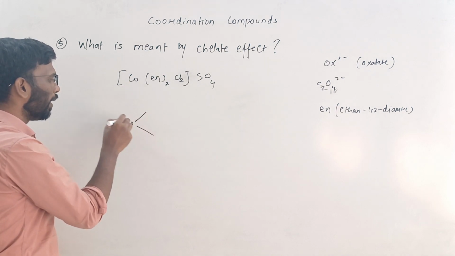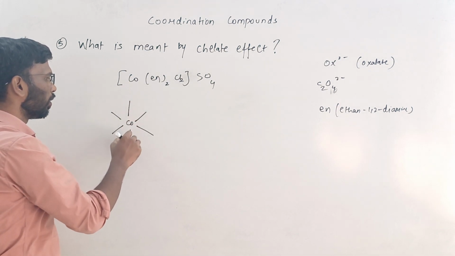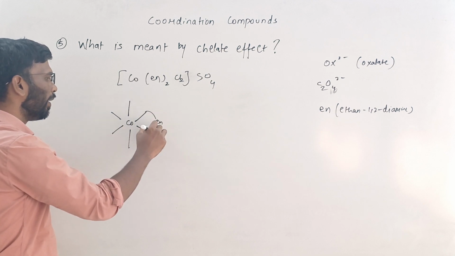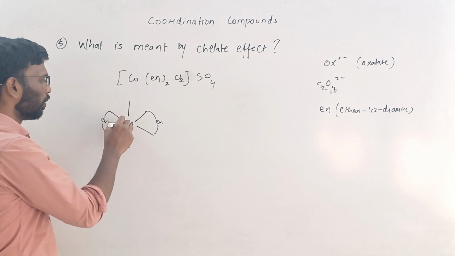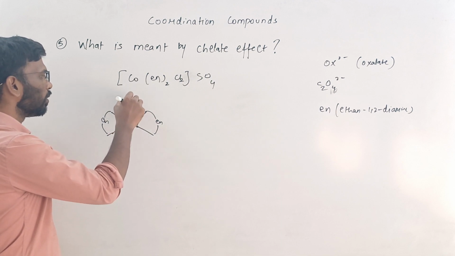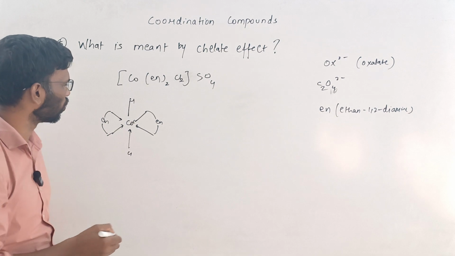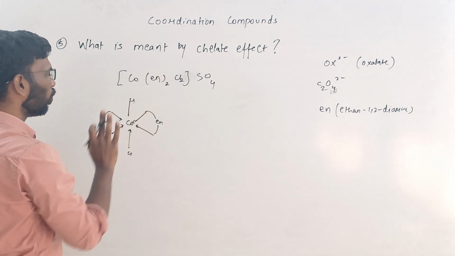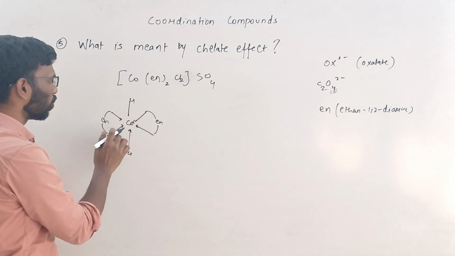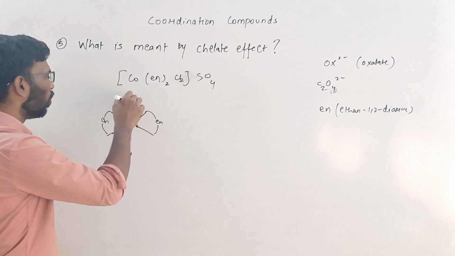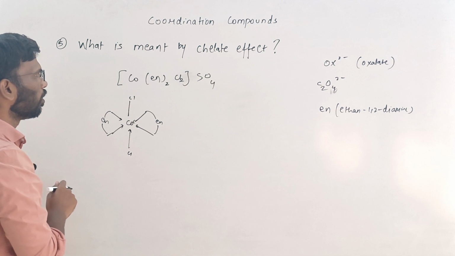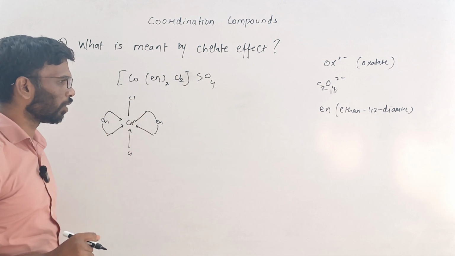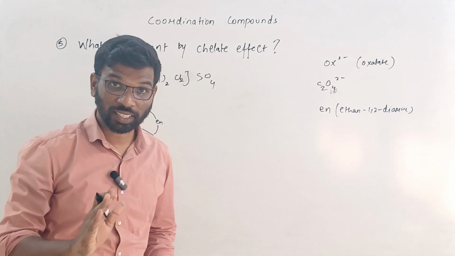Cobalt will be connected this way. En is a didentate ligand, and this is Cl and Cl. Although there are only 4 ligands, the coordination number is 6, meaning one ligand contributes 2 coordination numbers. This is a ring-like structure called a chelate.